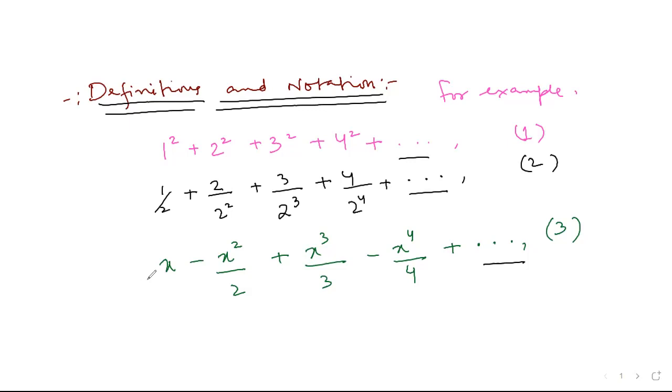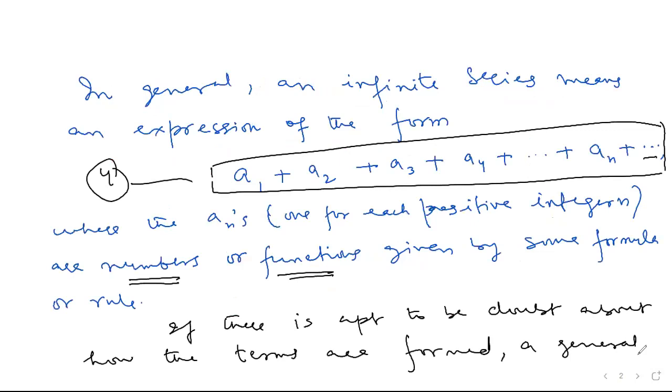Now in this lecture we said there are other infinite series besides geometric series, and we gave examples 1, 2 and 3. Then we defined infinite series in general. I said it is an expression of this form where these a_n's, one for each positive integer n, are numbers or functions given by some formula.